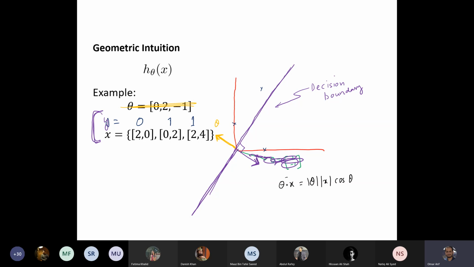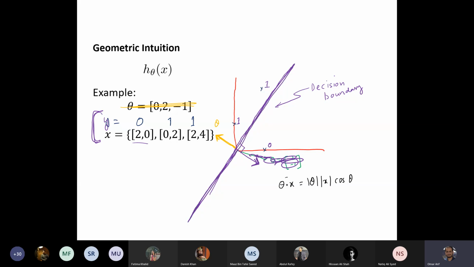This is my training example. This one is 0, which means it belongs to the 0 class. This belongs to the 1 class. This also belongs to the 1 class. I have given you two theta parameters, the yellow one and the purple one, and corresponding to both of these I have the decision boundary which is shown here.